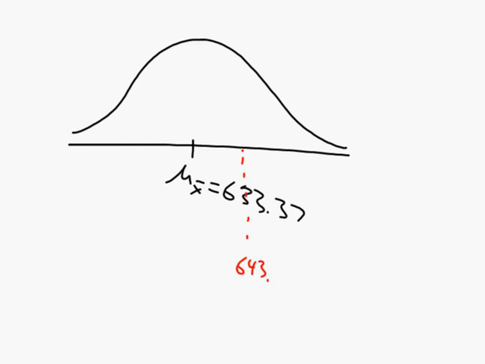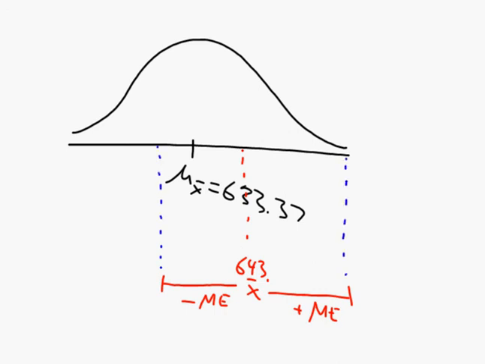What we can say is, hey, that's our x bar. If I add the margin of error to it, so this would be the plus margin of error side, and I subtract the margin of error from it, what I end up with is an interval. And if we trace it back up to the original distribution, you'll notice this interval, the way I've drawn it, catches the true mean.